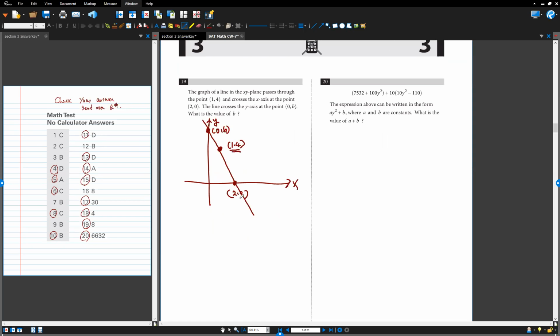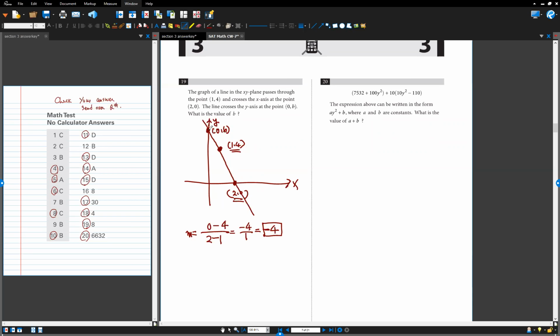This is already the number there. 0 minus 4 over 2 minus 1, right? y2 minus y1 over x2 minus x1. This is slope. How much is this one? Negative 4 over 1 equals negative 4, right? That's the slope. You know that the line has negative slope.